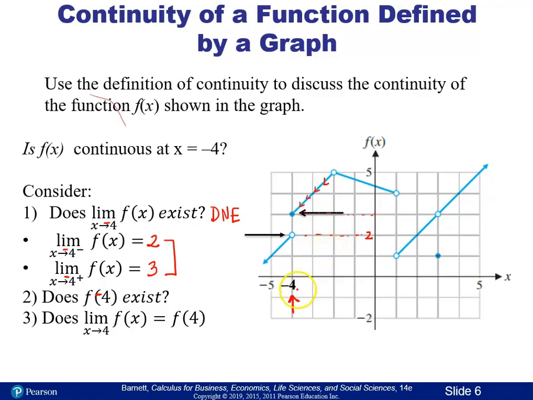If I'm looking at the function value, I just need to go up and see, does it have either a closed circle or a curve drawn across it? This particular one has a closed circle on it, so yes, it does exist. But when I come down to number 3, this can't be true because the limit doesn't even exist, so I can't say two things are equal to each other if one of them doesn't exist.